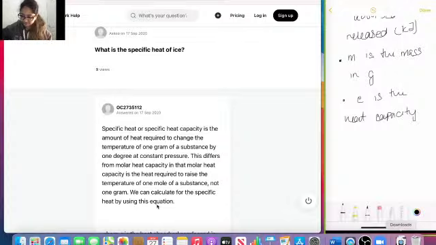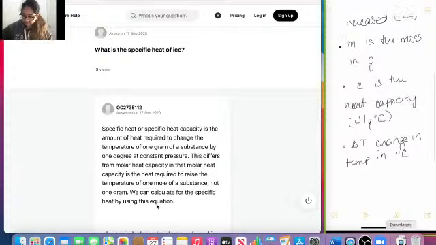It's usually given, and the units for this are joules per gram Celsius, and then your delta T is the change in temperature in degrees Celsius.